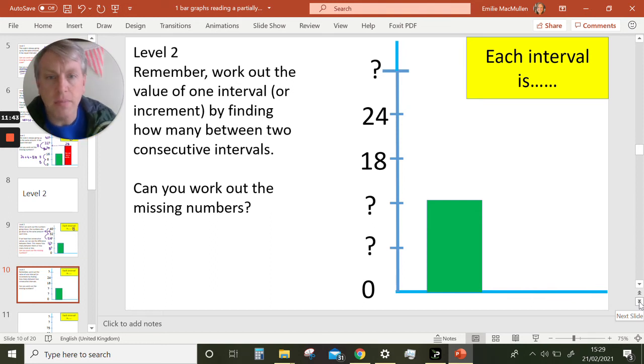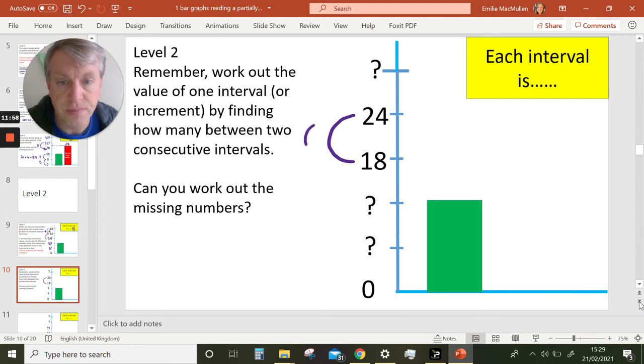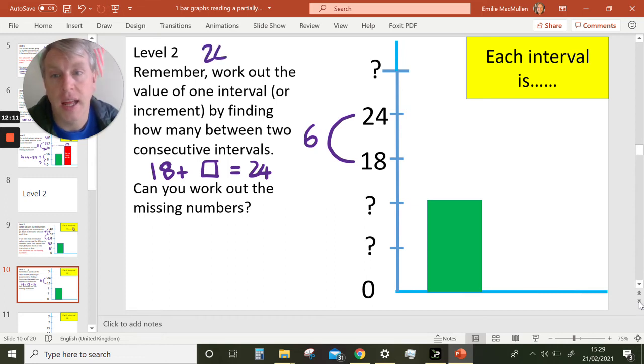We've got numbers missing. We need to work out what one interval or one increment is worth. Well, between 18 and 24, we can say that there is 6. We can say 18 add how many makes 24, or we can say 24 take away how many makes 18, and the answer is 6.